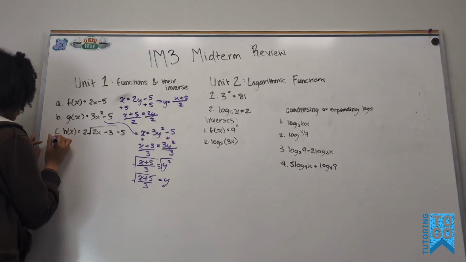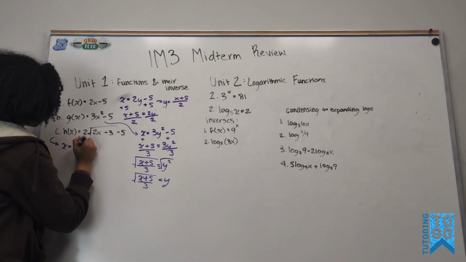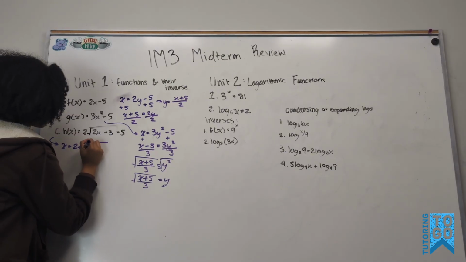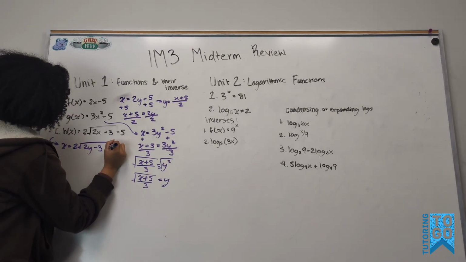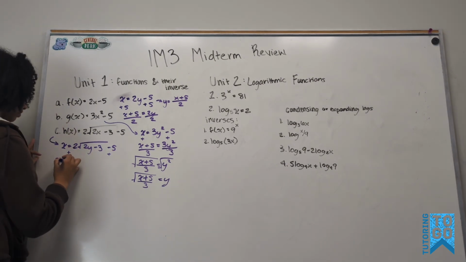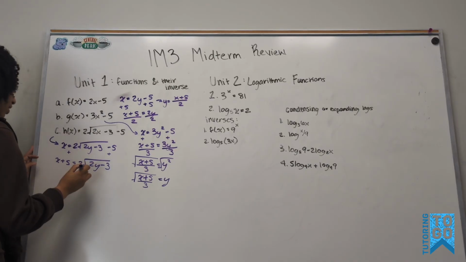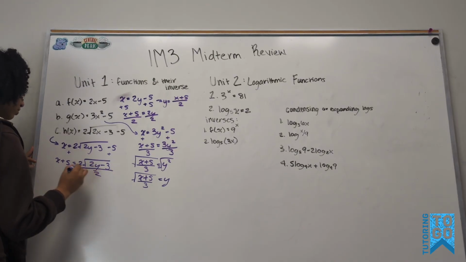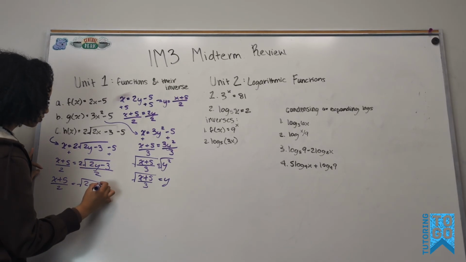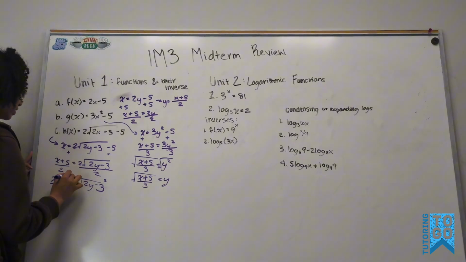And then for the last equation, again, we're going to switch the y and the x. So x is equal to 2 times the square root of 2y minus 3 minus 5. First, we're going to add 5 to both sides. x plus 5 is equal to 2 square root of 2y minus 3. Then we're going to divide both sides by 2. Then when we have the square root, in order to cancel it out, we're going to have to square both sides of the equation.